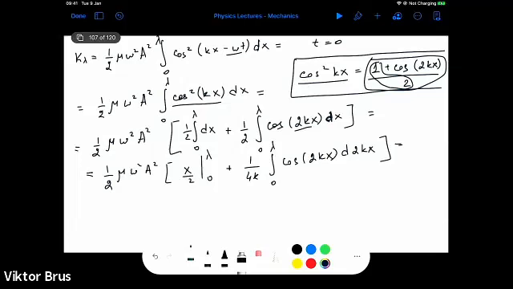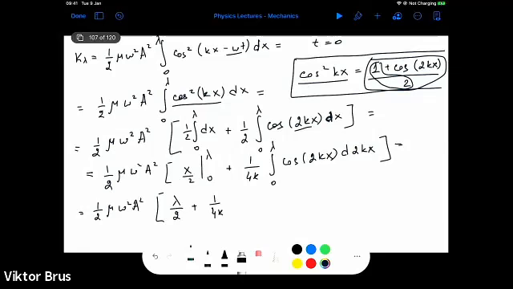Now we finally can get this integral a square. This will be lambda divided by 2 plus 1 over 4k.